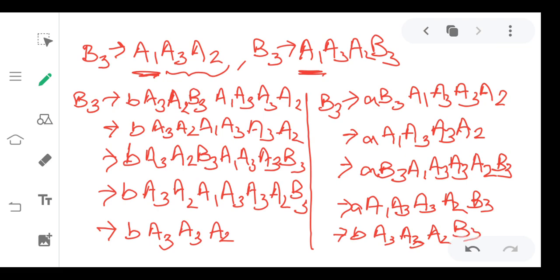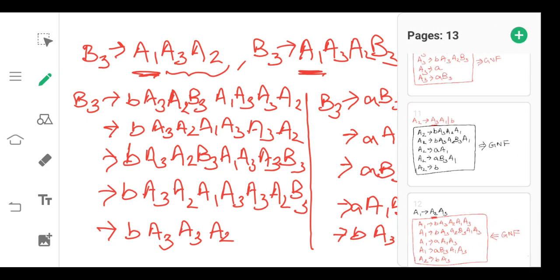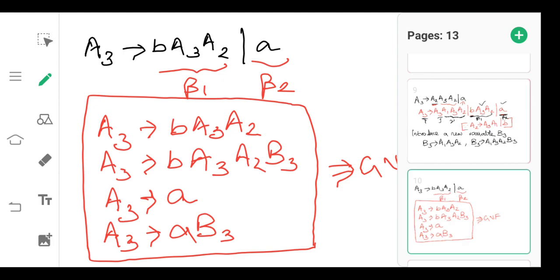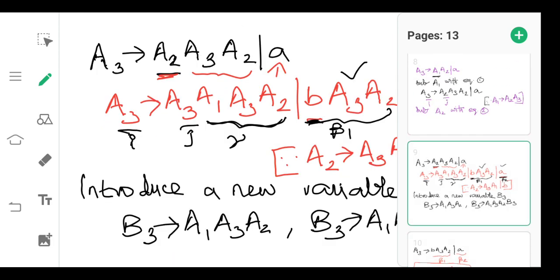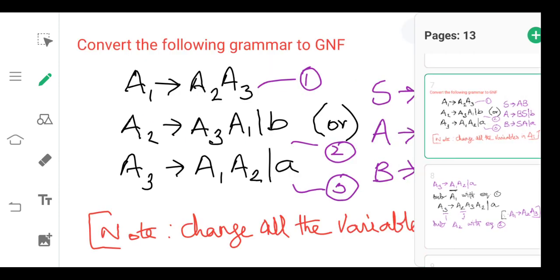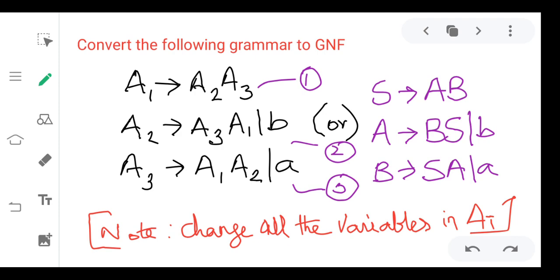So, in order to convert the set of productions into a GNF, we should apply all the rules we have explained in the theorem.